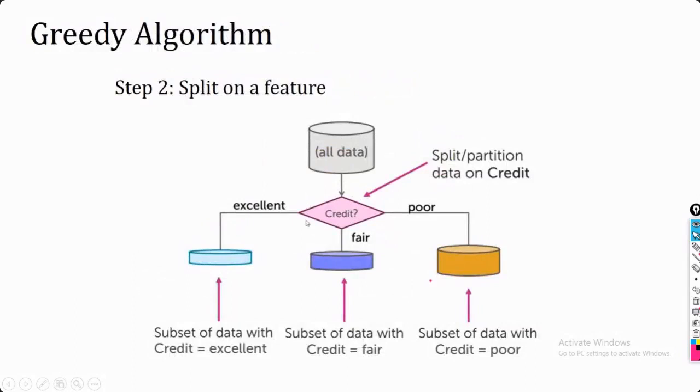Based upon the credit value, the instances with the value excellent fall to this side, those with the value fair go to that side, and those with the value poor go to the other side. So all of your data has been divided into three different branches: excellent, fair, and poor.